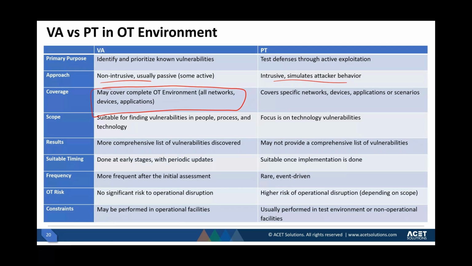PT would only be, in most cases, covering specific networks like the DMZ, specific devices, specific applications. I've seen a lot of use cases for application testing where with PT you're able to break into the application, but on the network side and on the devices, usually it's a limited scope. The plant owner will say, oh, you're only allowed to touch these 7 computers, and that's it, nothing beyond that.